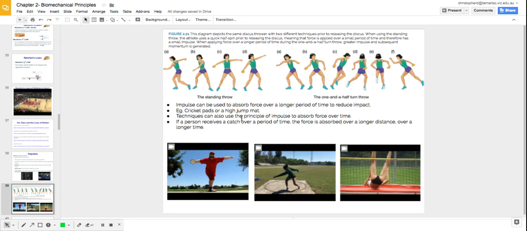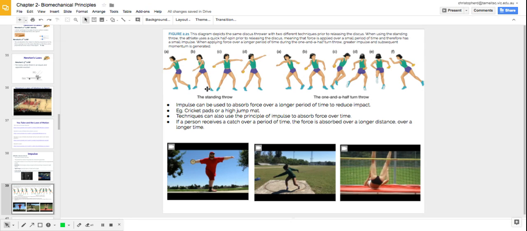You can also talk about the fact that if a person takes a catch, if they absorb that over a longer distance, then it's obviously going to be a lot more beneficial. So if they rotate with it. On this first half, we compare on this top part, the standing throw and the 1.5 turn throw. So we'll look at the two different techniques.